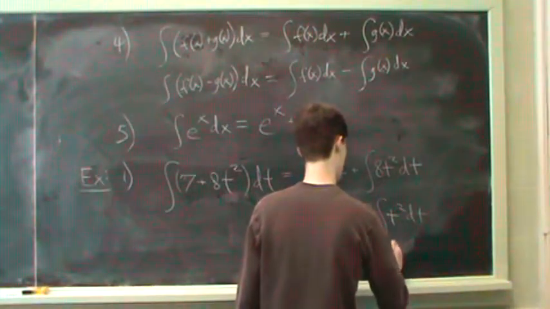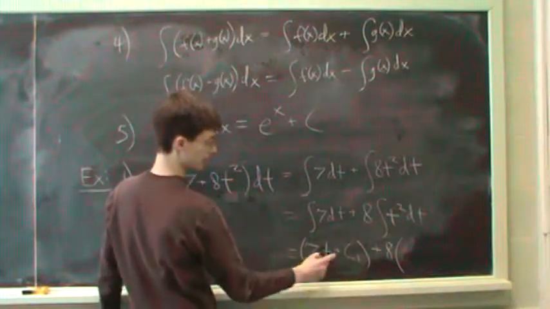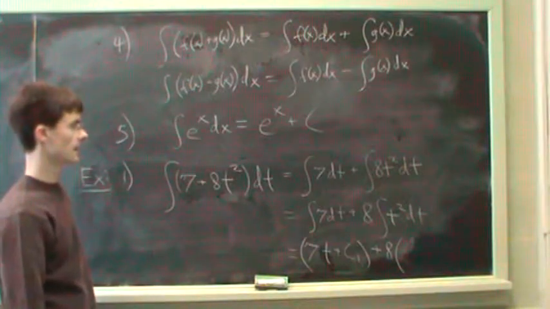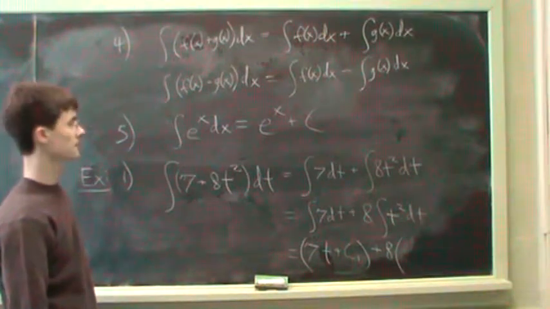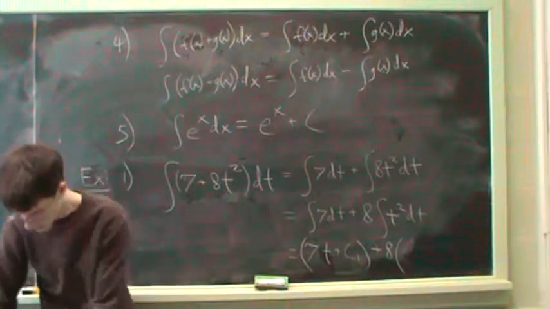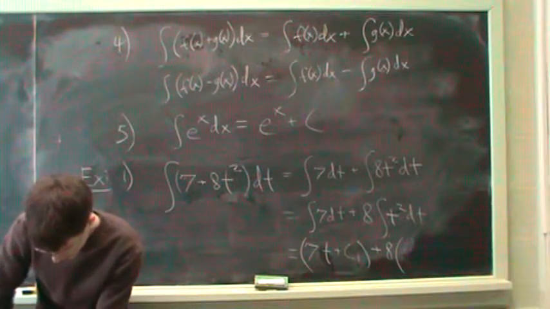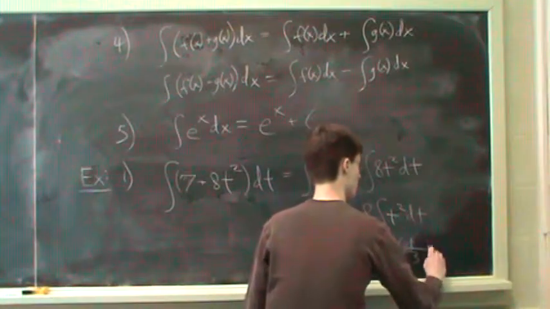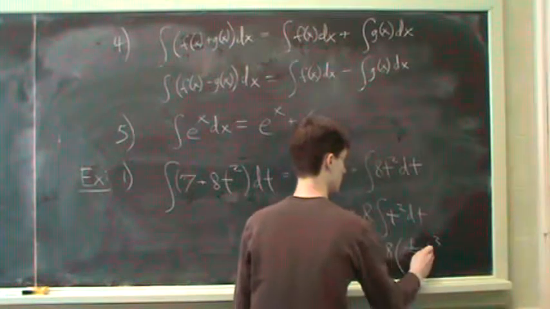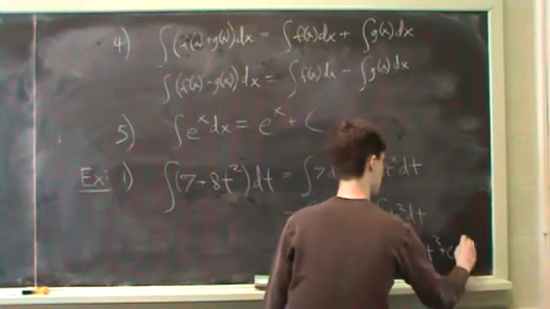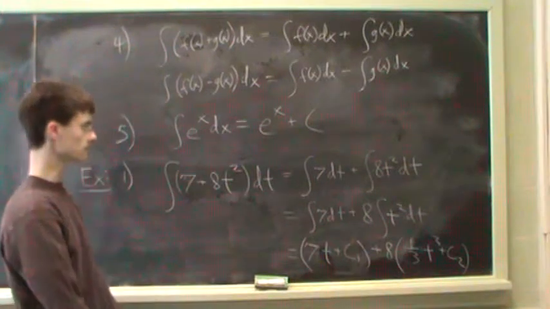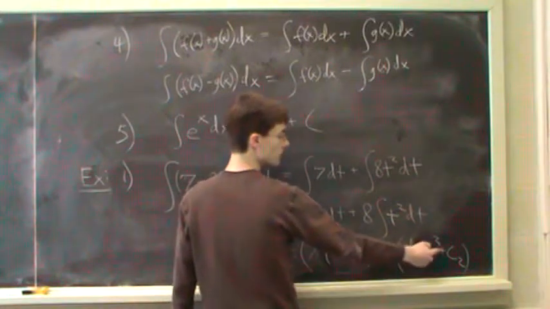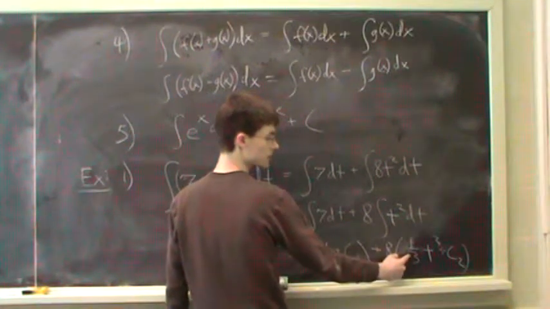We also have, then we have plus 8 times the antiderivative of t squared dt, and the power rule tells us that the antiderivative of t squared dt, let's see, that was rule 2, told us that that was 1/3 t cubed plus a constant, because if we were to differentiate this with respect to t, we would pull down the 3, which would cancel with the 1/3.